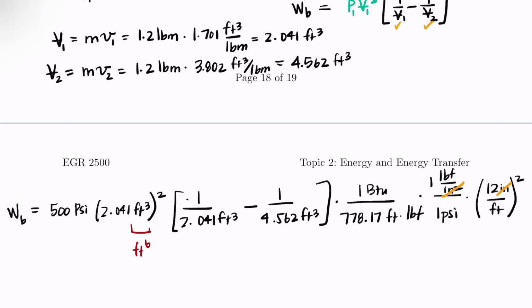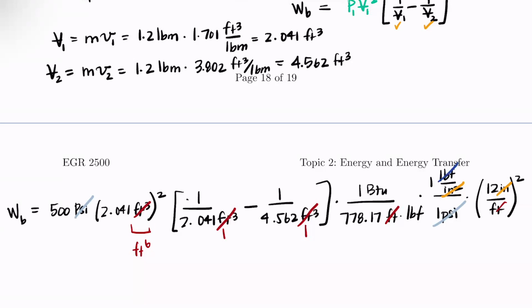And then here we have feet cubed times another feet times feet squared. So we have feet to the 6th again. So I'm going to cancel these out. So these are all the feet. The feet all cancel. Does everybody see that? Okay, cool. And then PSI balances with PSI.